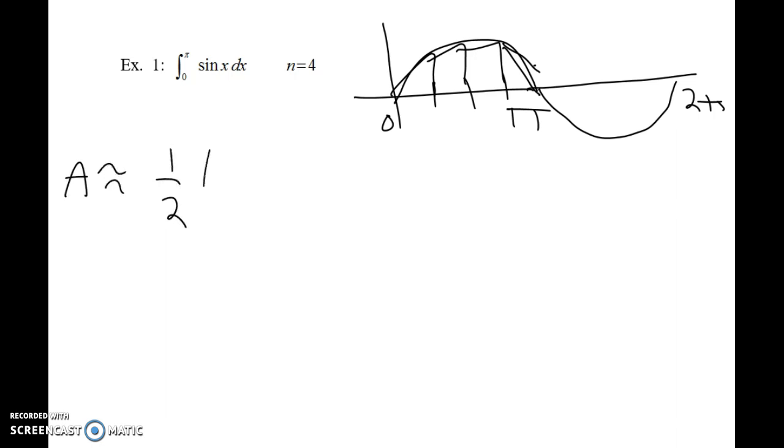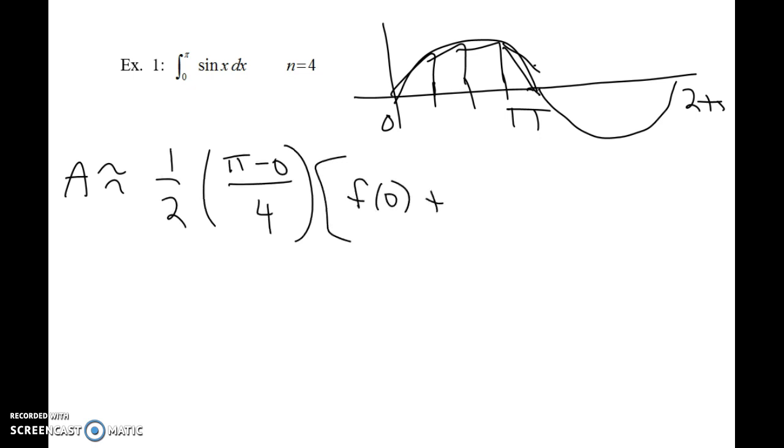So now let's figure out the approximate area, or the integral. It'll be 1/2 times (pi minus 0) over 4. That tells us the height of each trapezoid. Now, we have f of 0 one time, plus, since we have pi divided up into fourths, we have pi over 4, pi over 2, and 3 pi over 4 as our other markings.